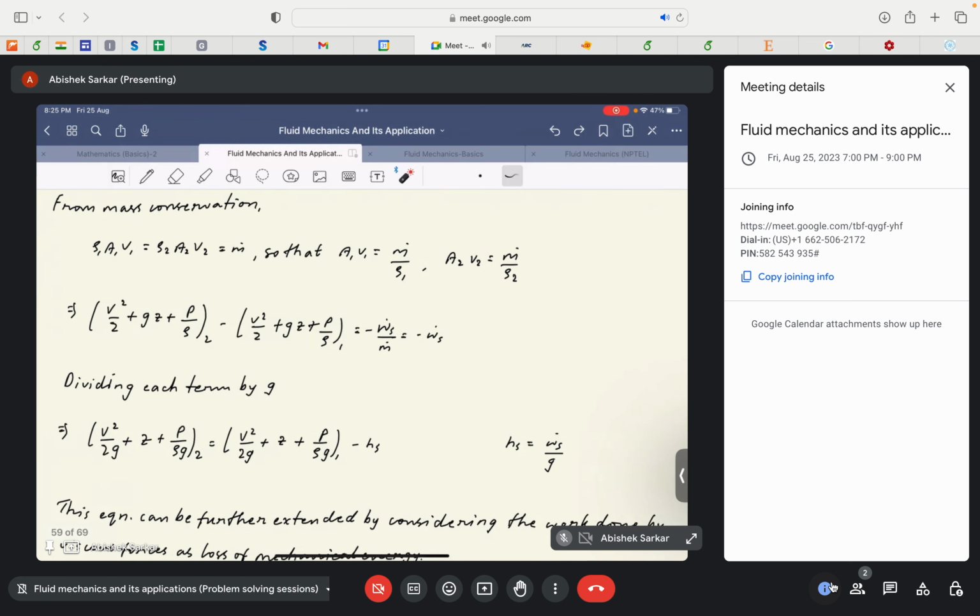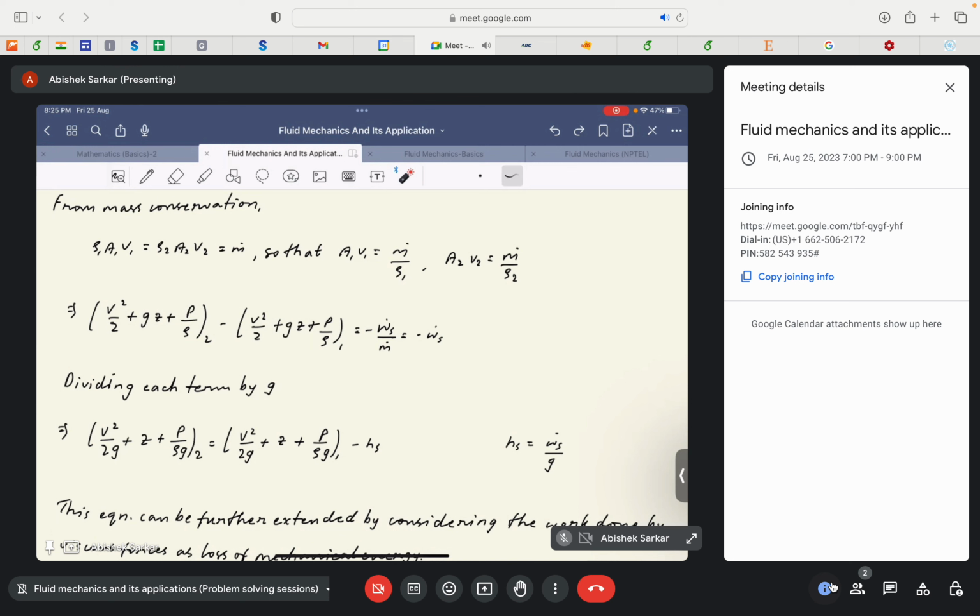Okay, so keeping that in mind, we modify the equation to finally get V2 square by 2 plus Gz plus P by rho at point 2 or at the exit, minus V1 square by 2 plus Gz plus P by rho at the inlet, point 1, is equal to minus W dot S, the net shaft work, or net external work, divided by the mass flow rate.